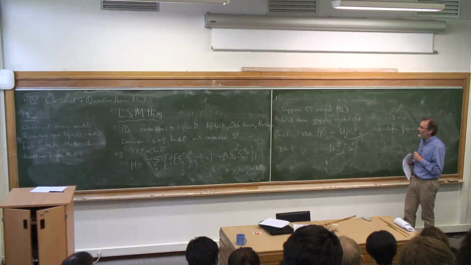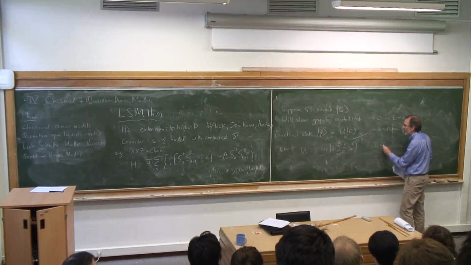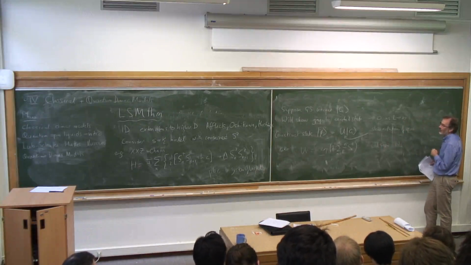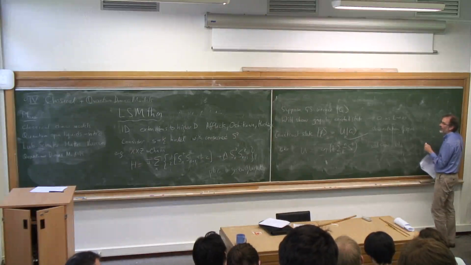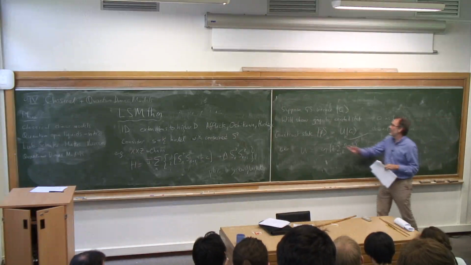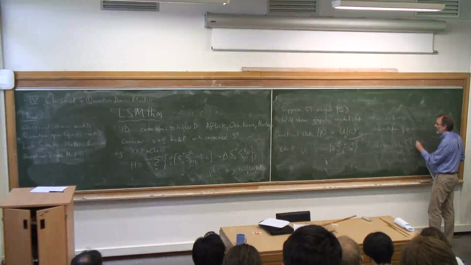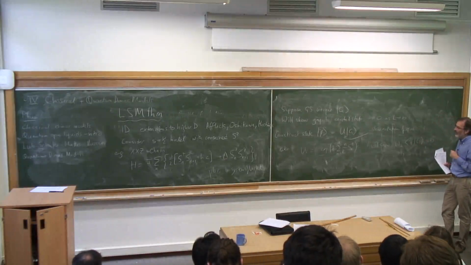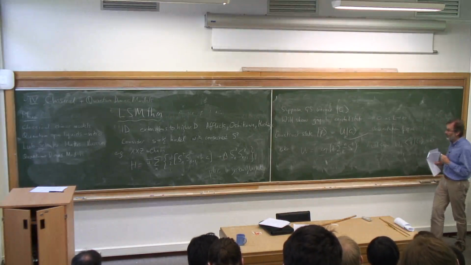And then we need to show two things. The first one, which I'll actually come to second, is that the state that we generate by this slow rotation is orthogonal to the ground state.